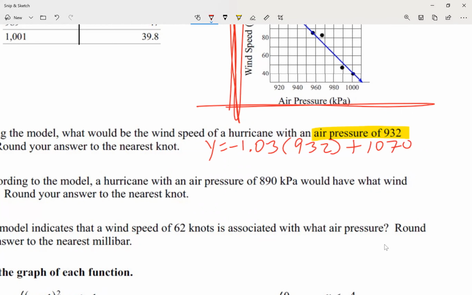So I'm using the equation that we have above. Multiply first, and then add 1070. I'm going to end up getting that Y equals 110.04.